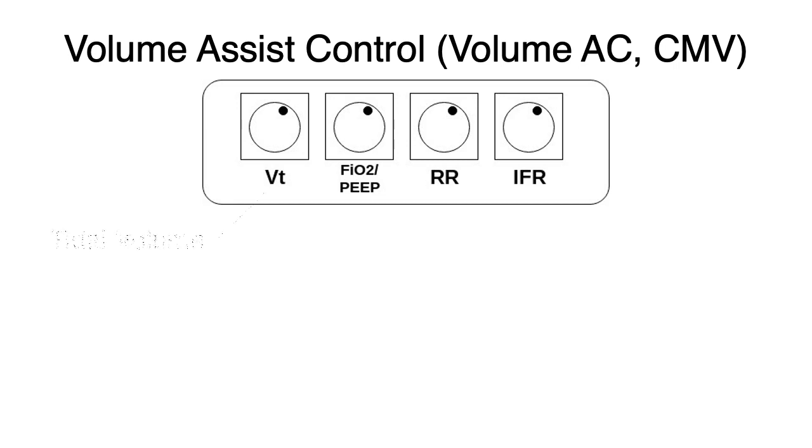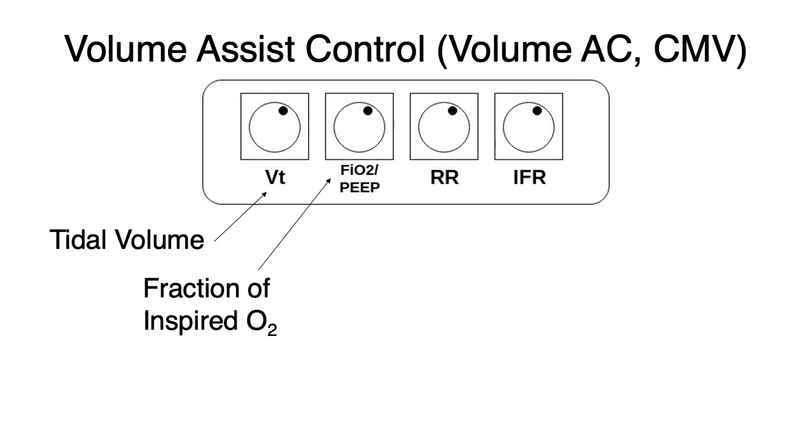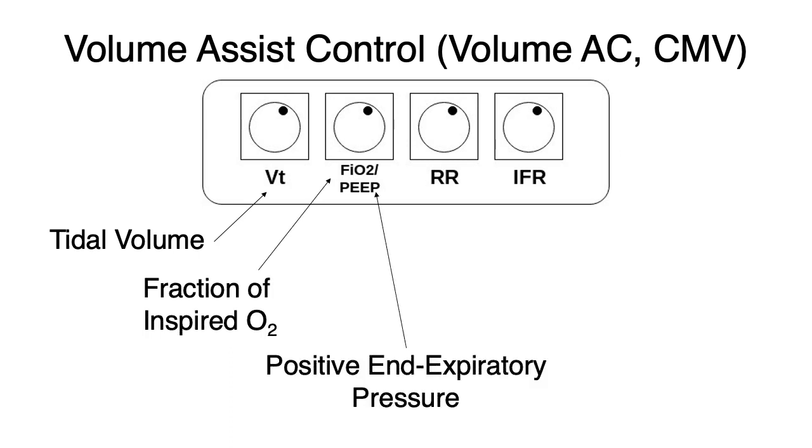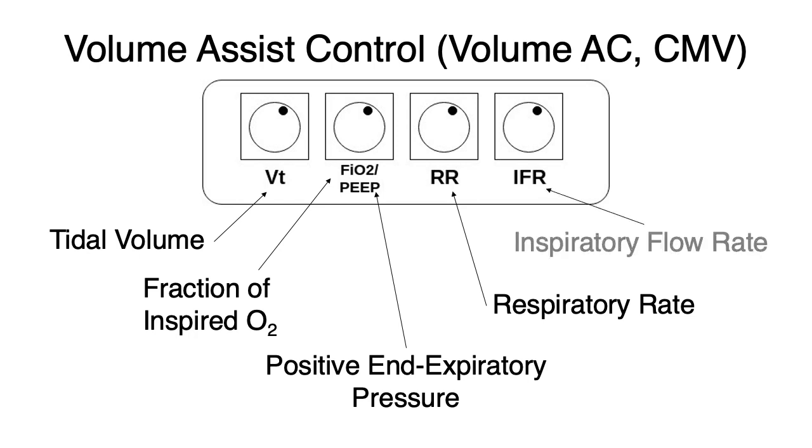So you have the tidal volume, the fraction of inspired O2, the FiO2, the PEEP, the positive end expiratory pressure. I have them on the same dial, the FiO2 and the PEEP, and we'll talk about why in terms of the ventilation strategies. You can set the respiratory rate, and grayed out here is the inspiratory flow rate. If you're going to ignore one of the dials that are available to you, then this is the one to ignore on this vent mode.